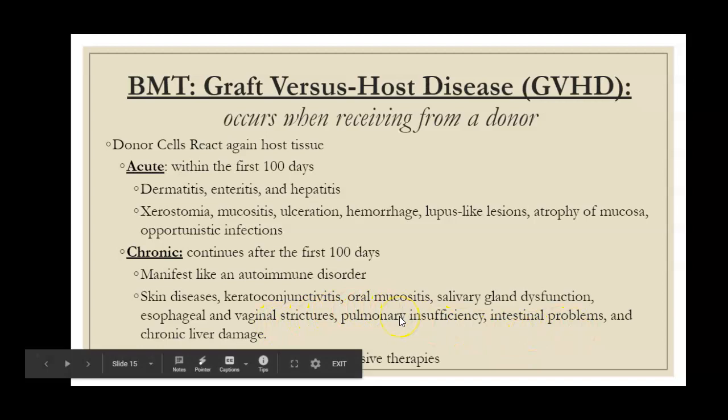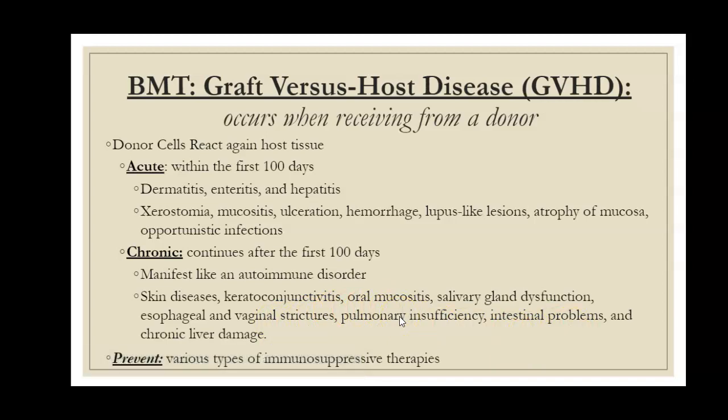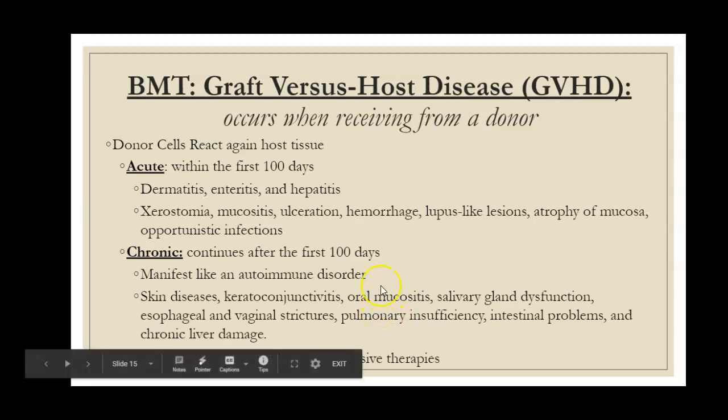So there are so many different body parts that can be affected in this autoimmune-like condition that can arise after a bone marrow transplant. So the goal is to prevent it, using various types of immunosuppressive therapies. The goal is to suppress the immune system so it doesn't react, so that these things don't come to the surface and the body doesn't fight against it.